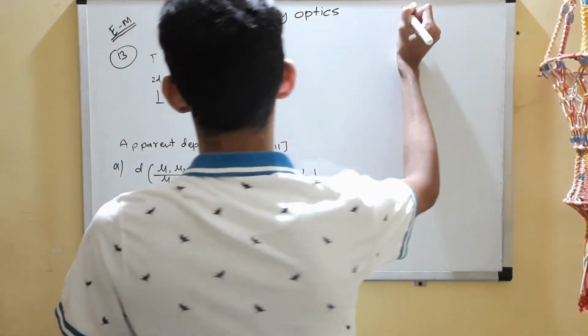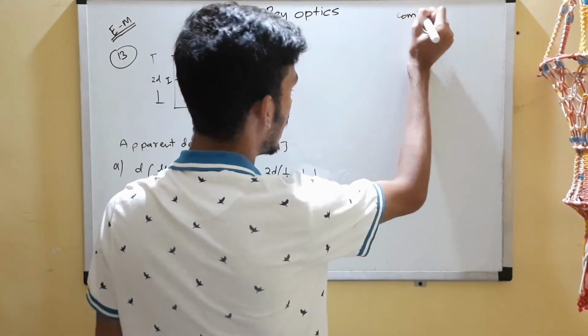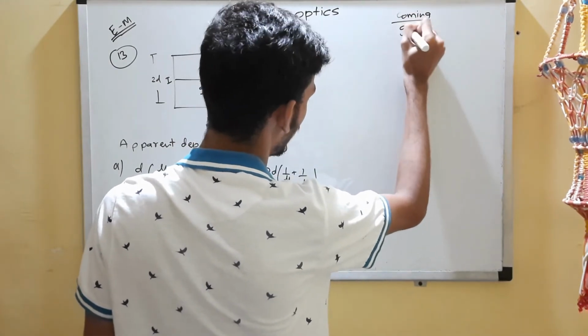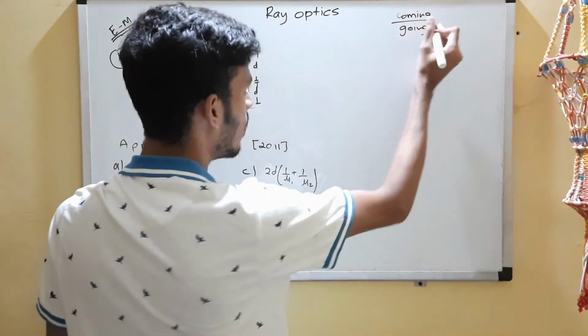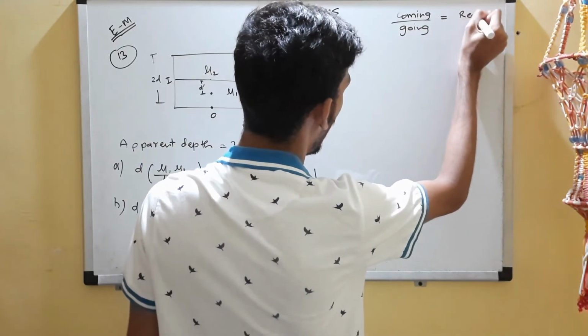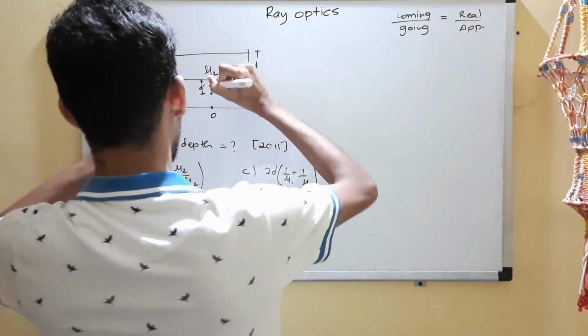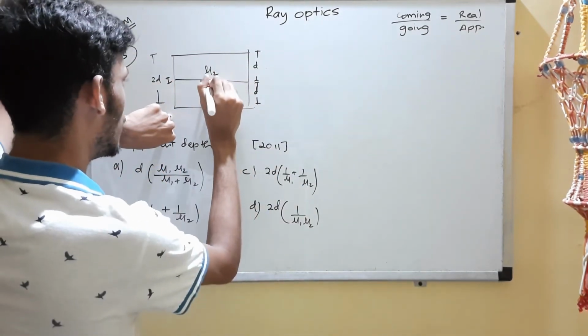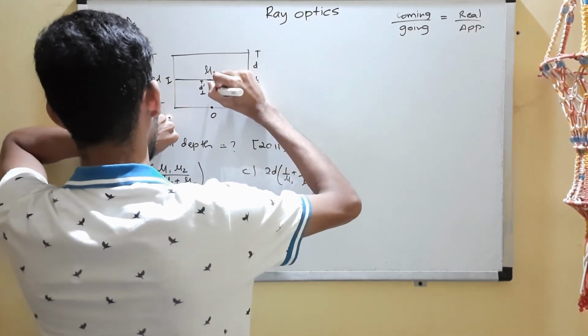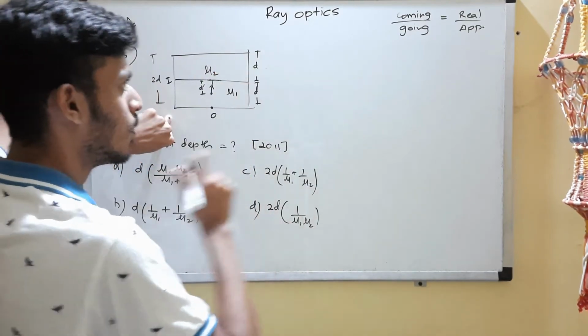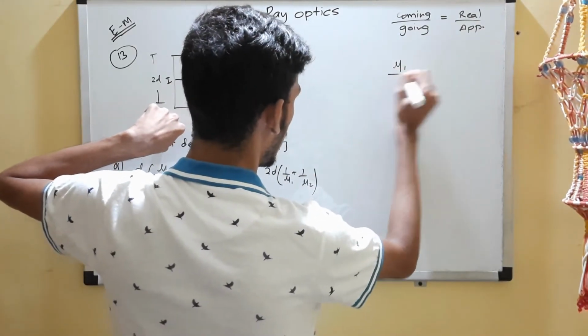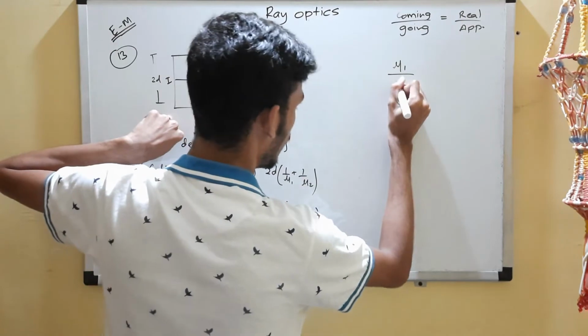So for this we have a formula. I remember it this way: coming upon going is equal to real upon apparent. If you see this surface, where is your ray coming from? It's coming from mu1, so mu1 upon where is it going? mu2.